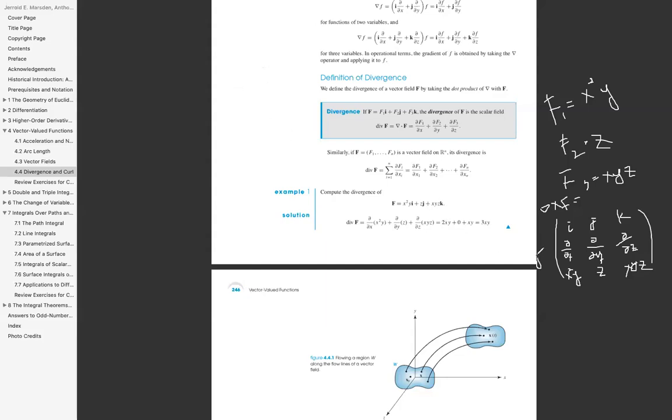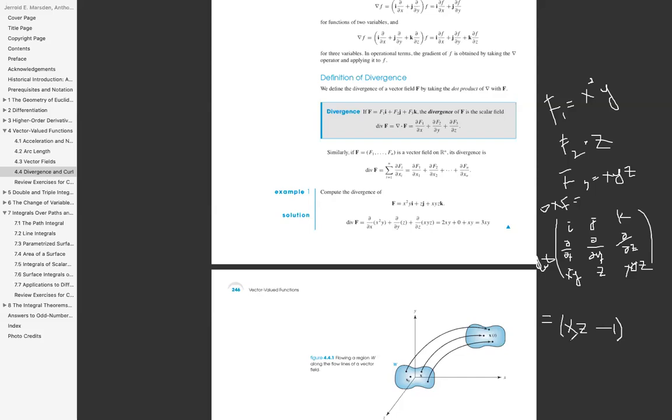So we want to find the determinant of this, which is i times the matrix here, partial y of xyz, which is xz, minus partial z of z, which is 1.